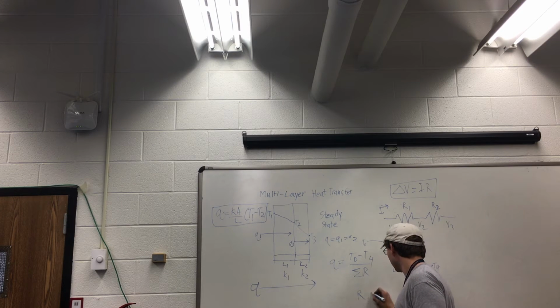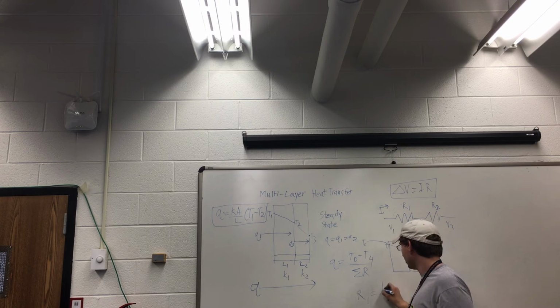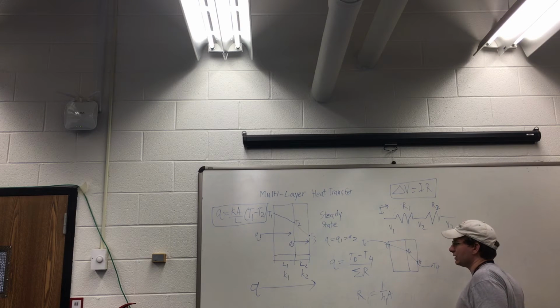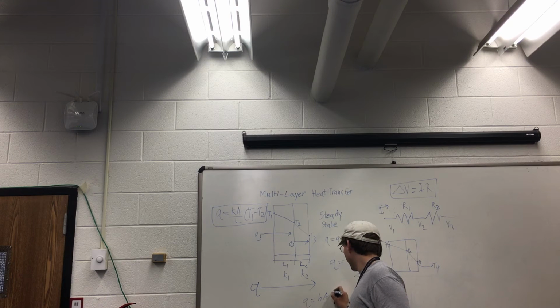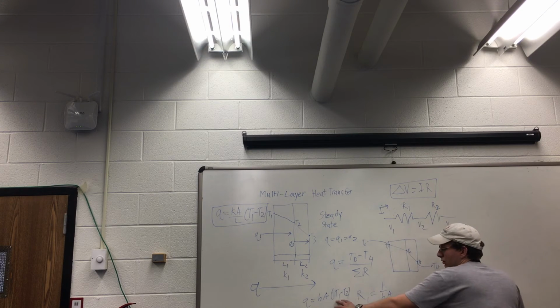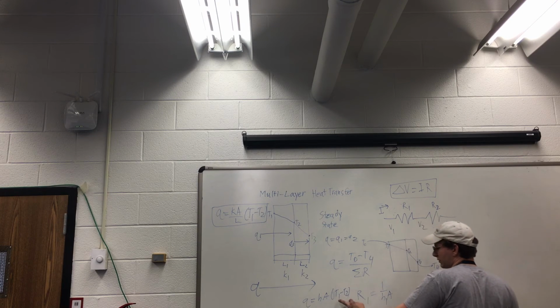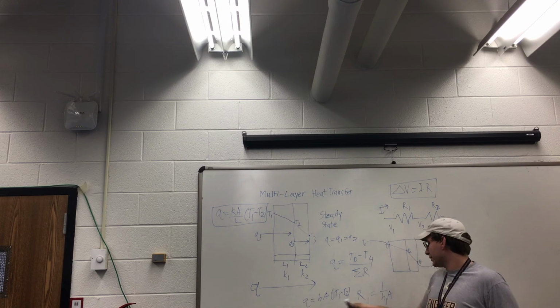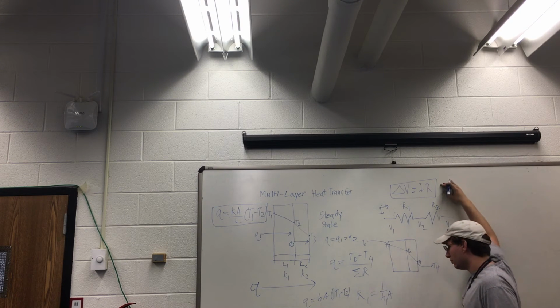So the first resistance is the thermal resistance due to convection, and that's just 1 over H1A. The reason I know that is because convection flows like this, very similarly to conduction. So you know that if this is I, this is our V term, then this has to be 1 over our resistance for this to be accurate.